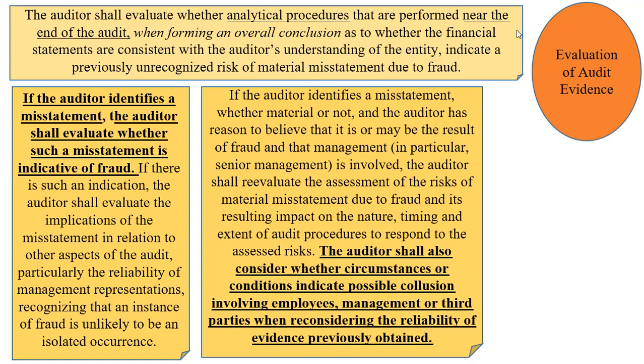If the auditor identifies misstatements, whether material or not, and the auditor has reason to believe that it is or may be the result of fraud, and that management is involved, the auditor shall reevaluate the assessment of risk of material misstatement due to fraud, and its impact on the nature, timing, and extent of audit procedures.